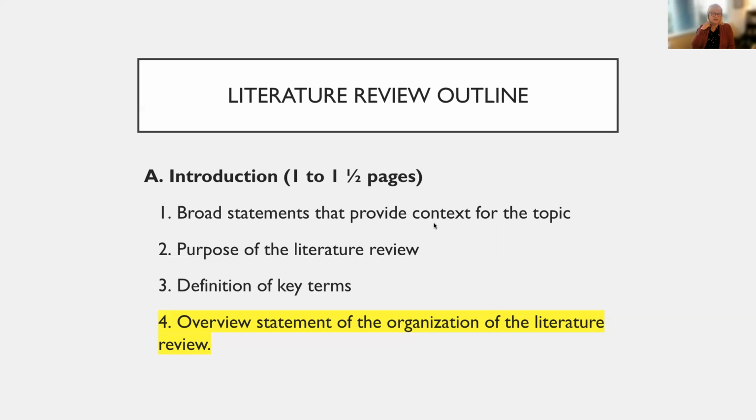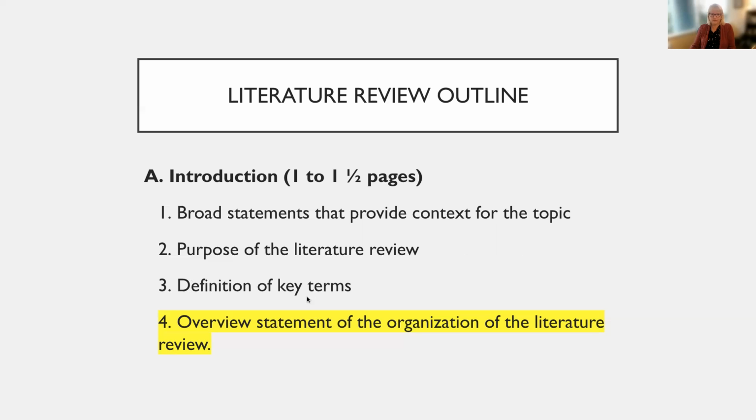And just giving the history of gratitude interventions, how this came to be and whether it is widely used, that kind of thing. Then I'd usually define the purpose of the literature review, which is basically your research question stated as a statement. So the purpose of this literature review is to explore the benefits of gratitude interventions.